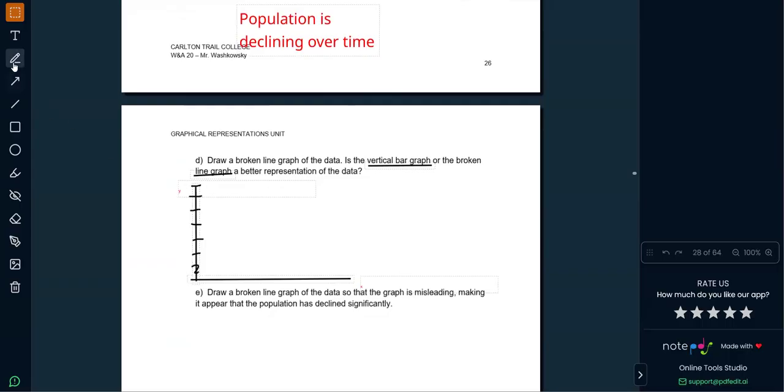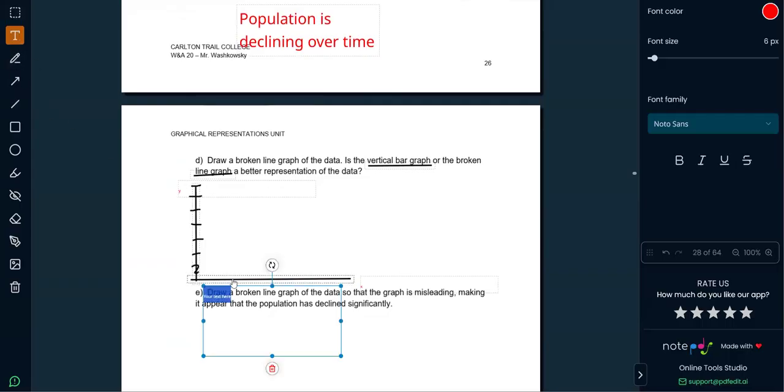Okay, I'll just type it in down here. So it's just like before. It's the 80s. Here we go, this is a bit bigger for you guys. '80, '85, '90, '95, 2000, 2005.